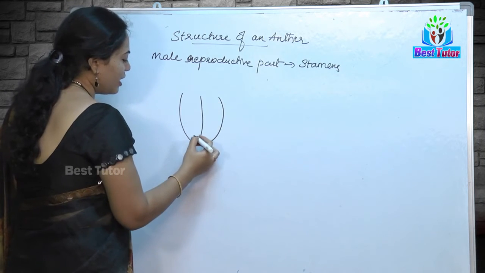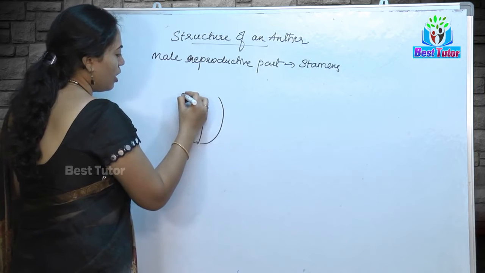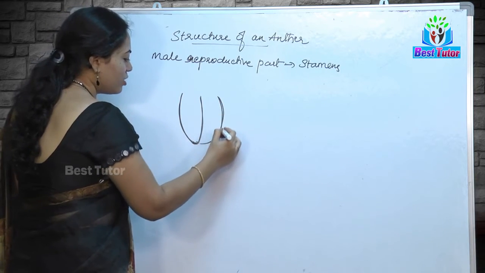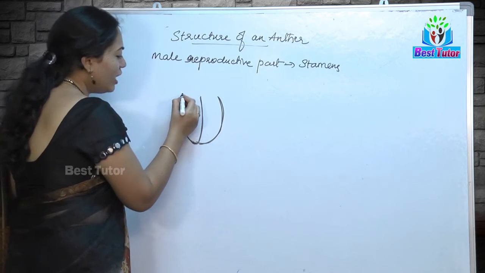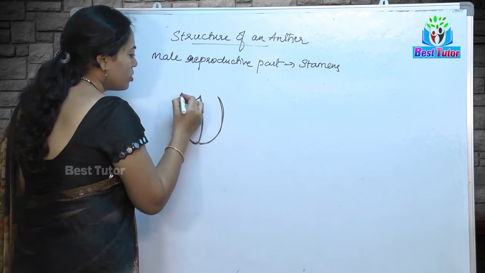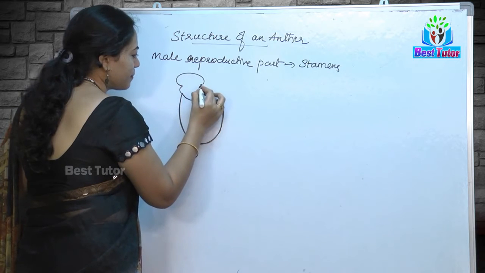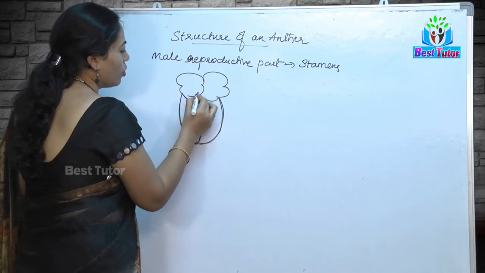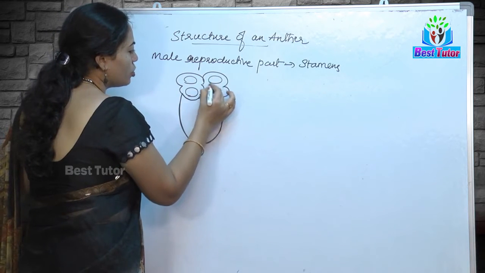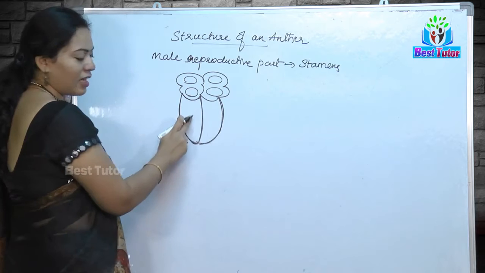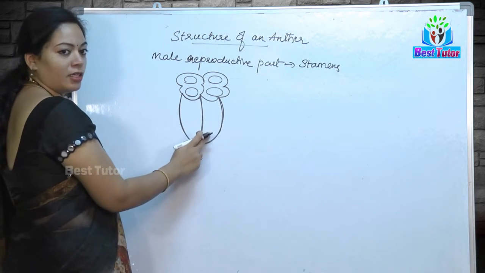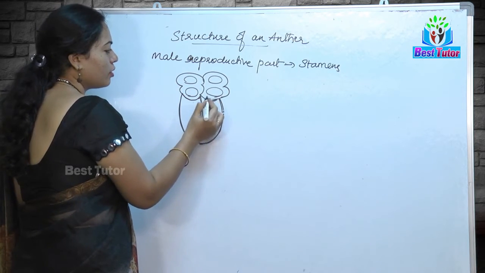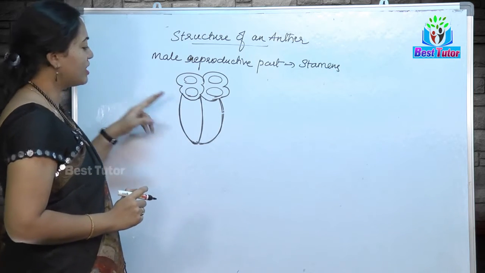Since we say it is a bilobed structure, the anther is divided into two lobes. Examine this as one lobe and assume this as the other lobe. Now each lobe has two sacs. There are how many sacs in each lobe?